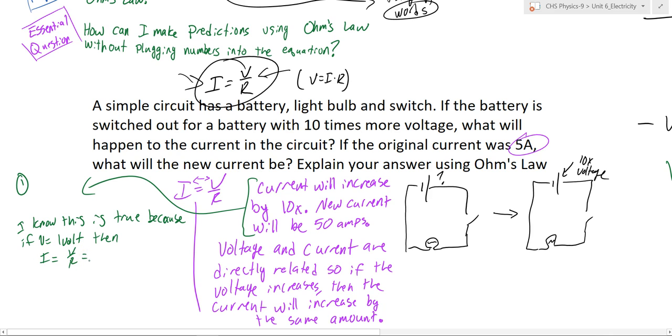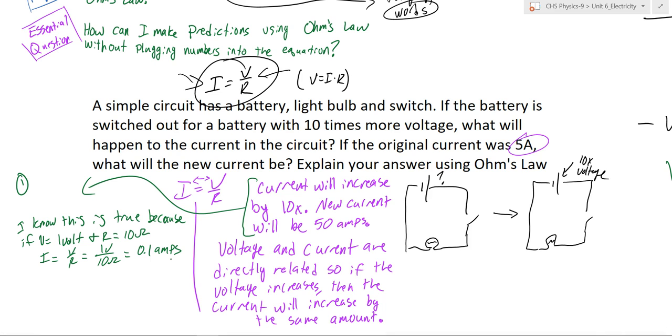We'd have to make up a resistance too, because that's not given to us. So we'd say 1 volt divided by 10 ohms, that equals 0.1 amps.